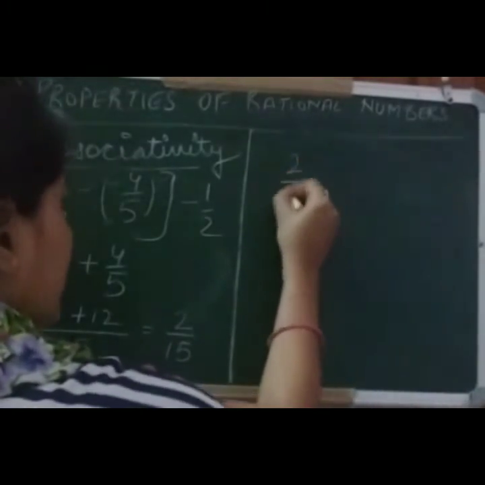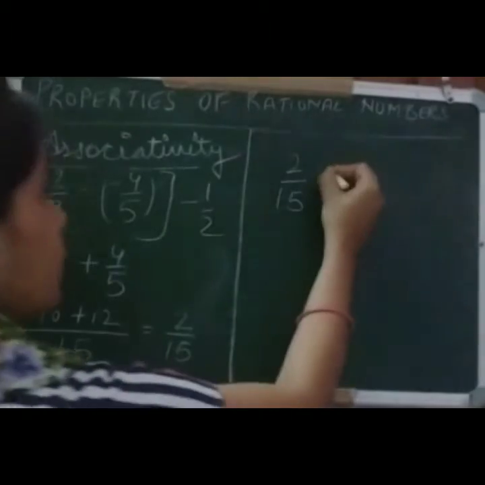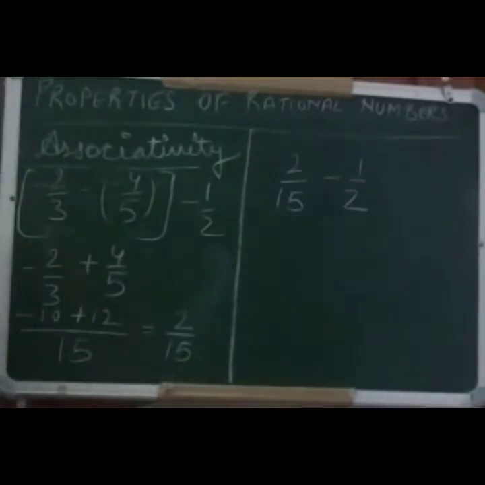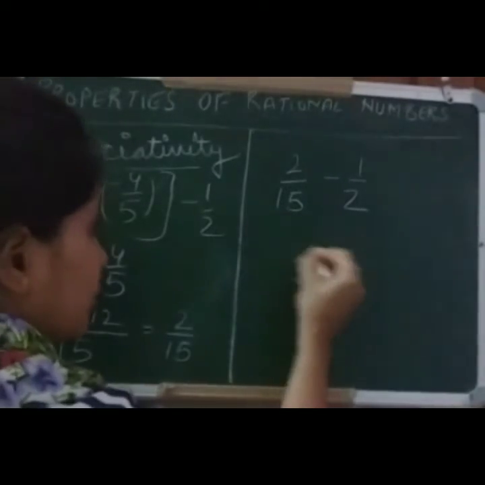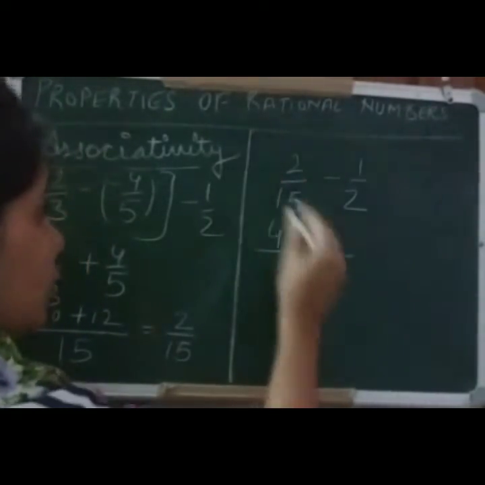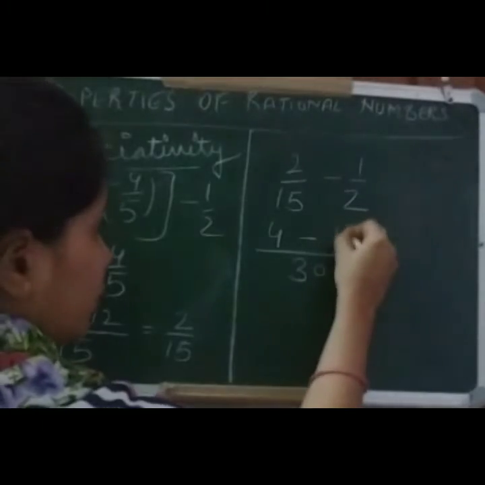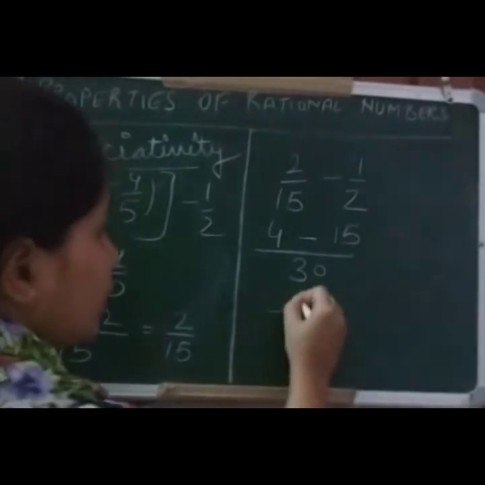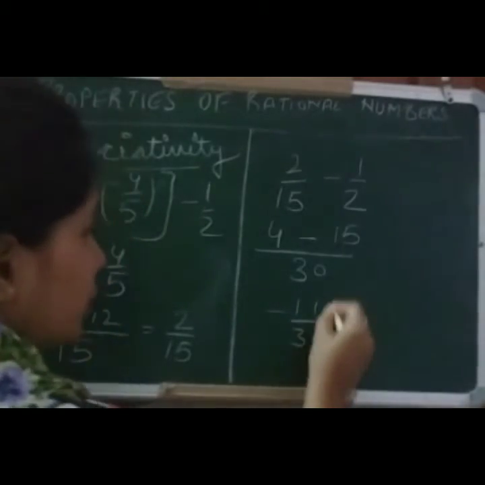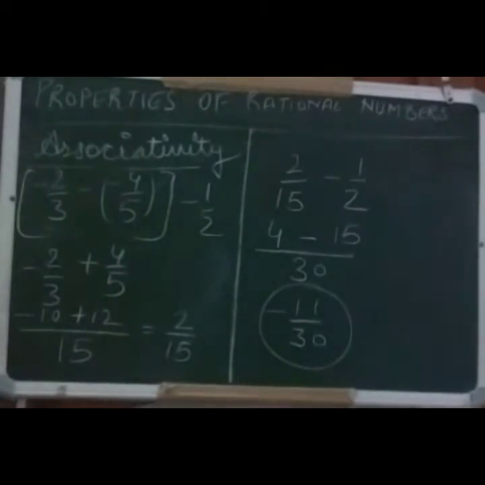It comes 2 by 15. Now minus this one. Here the LCM is 30. This will come 4 and here it will come 15. So it will be 11 by 30. Now see, the answers are different. So associativity does not hold for subtraction in rational numbers.